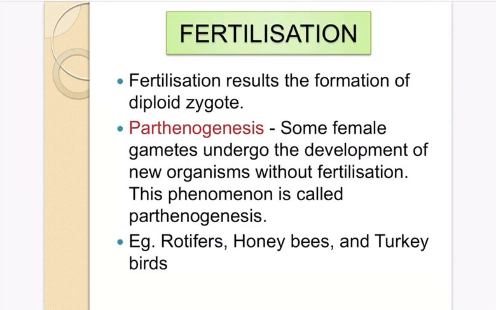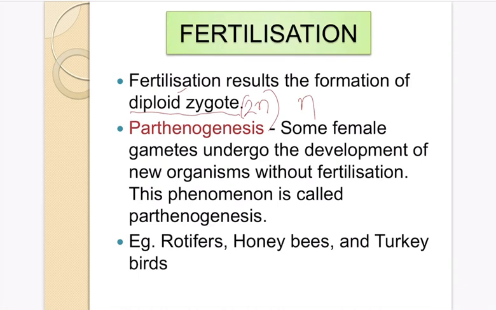And remember, zygote is also a one-celled cell. But what is the difference between gamete and zygote? In gamete, it is haploid number, we said n number. Whereas in zygote, it is a diploid number, n plus n, 2 sets of chromosomes. One set of chromosomes comes from the male gamete, another set comes from the female gamete. Both n plus n is equal to 2n. So we say zygote is always 2n.